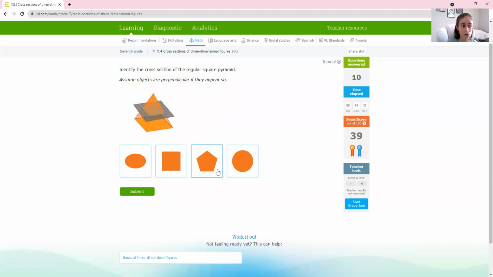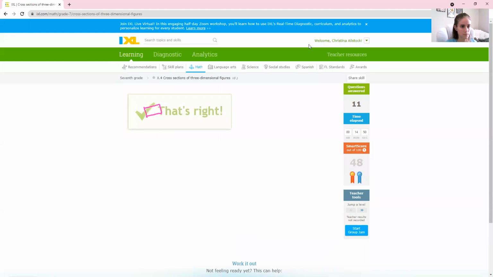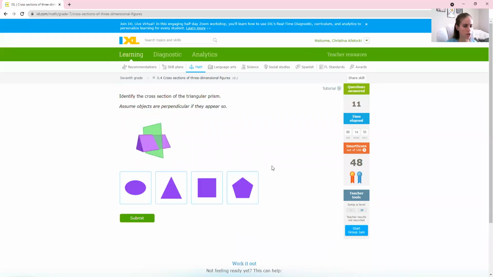Here we have a regular square pyramid. We're crossing it this way. When I do that, we can see that what we're going to be left with is a square or rectangle when we cut it and open it up this way. Let's jump up a level and we'll do a couple more after this one.